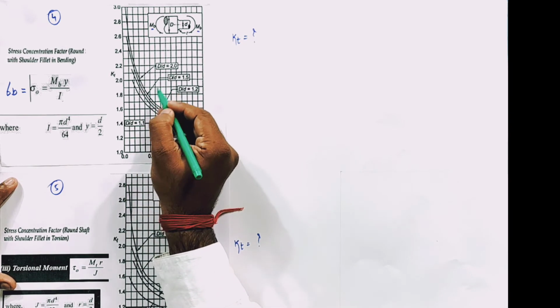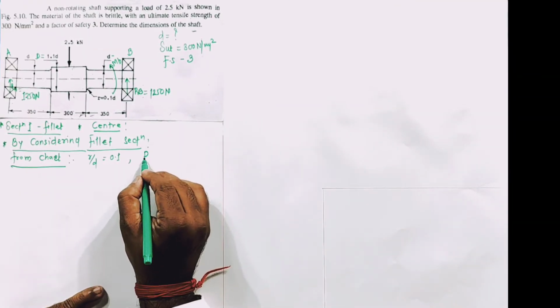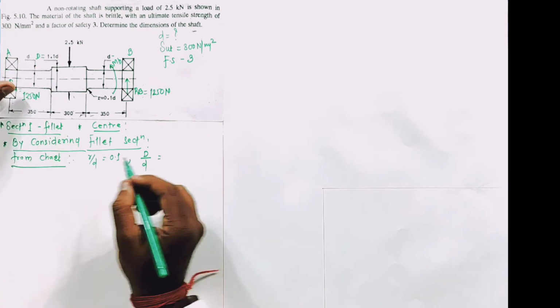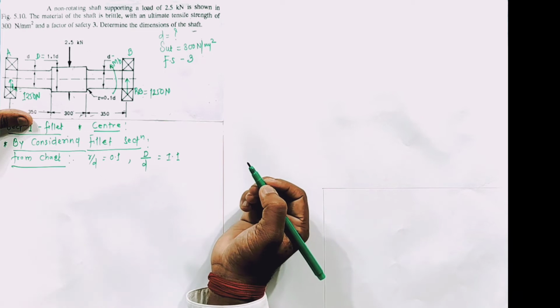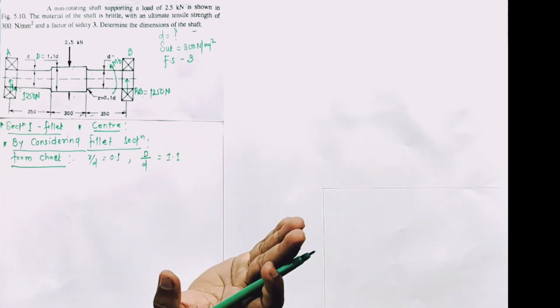Correct? Now I need to select D by d out of this, then I'll get the KT on the y-axis. So while selecting D by d, now D by d I can say, see here, 1.1. These two values we have got directly from the structure. That's why the structure is important.